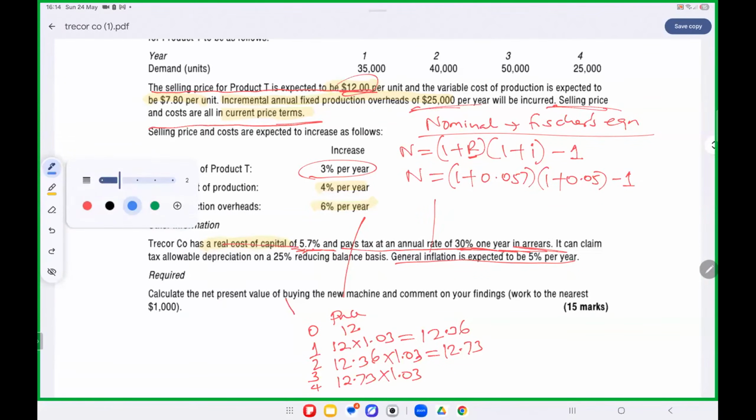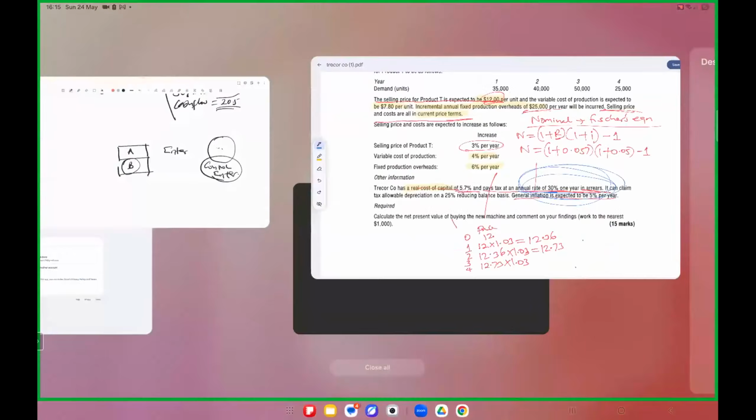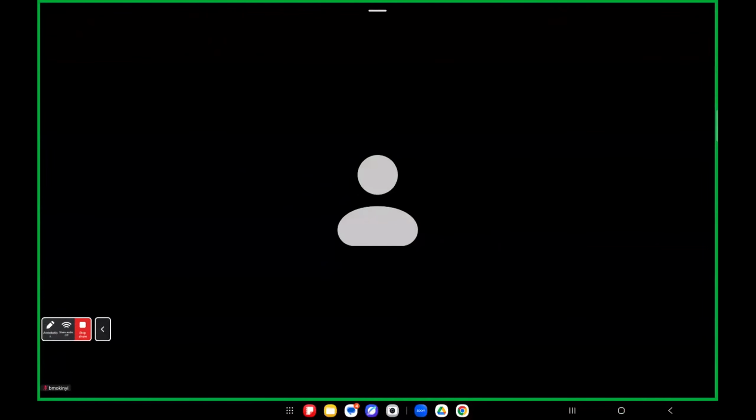So tax is being paid 1 year in arrears, meaning that tax for year 1, my good students, will be paid in year 2.